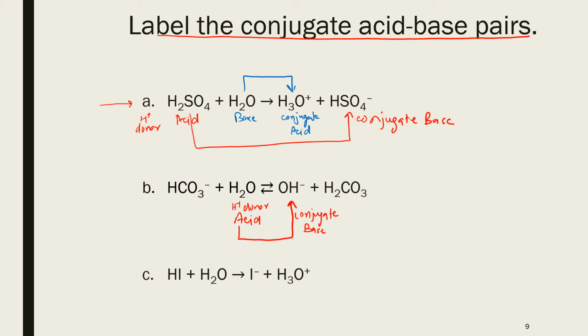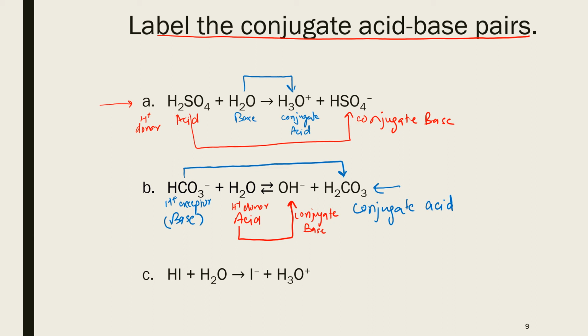On the other hand, the hydrogen carbonate ion is accepting the proton, so that's the proton acceptor, so it's a base, and this is carbonic acid, so this will be the conjugate acid.